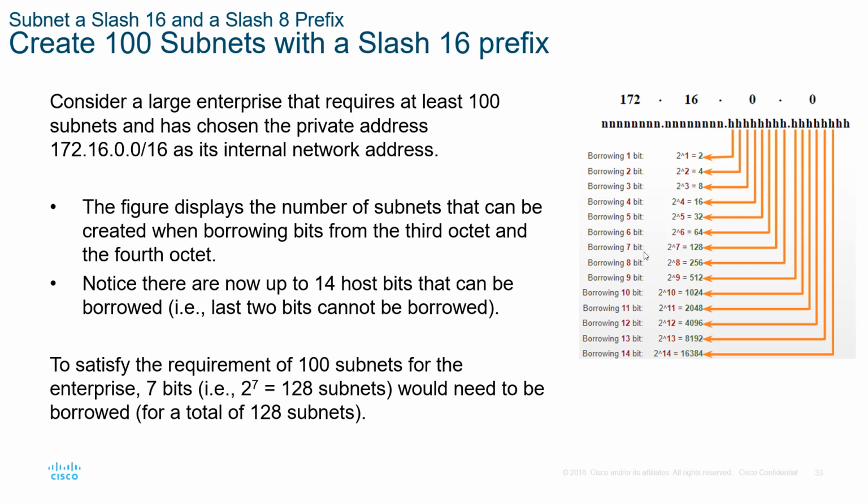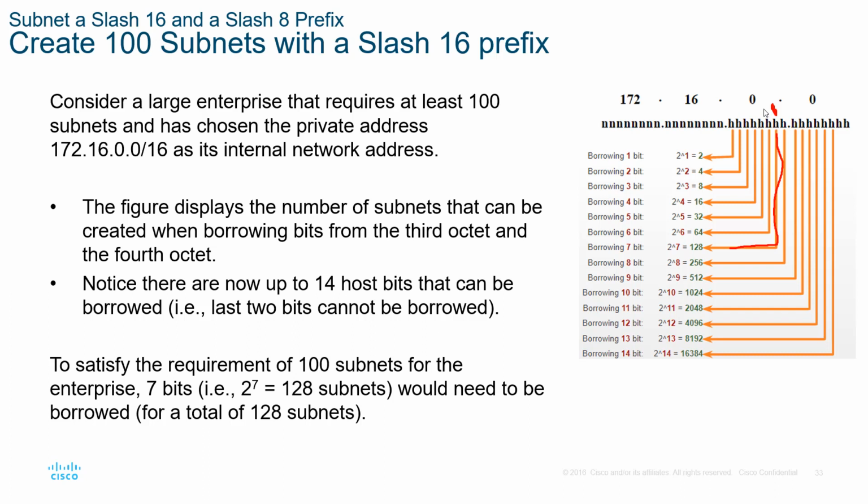To satisfy the requirements of 100 subnets for the enterprise, we could borrow 7 bits. That's going to give us 100 different networks.